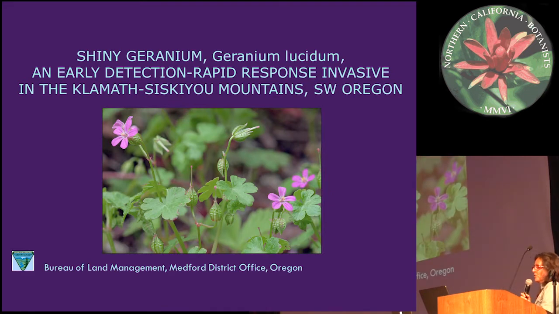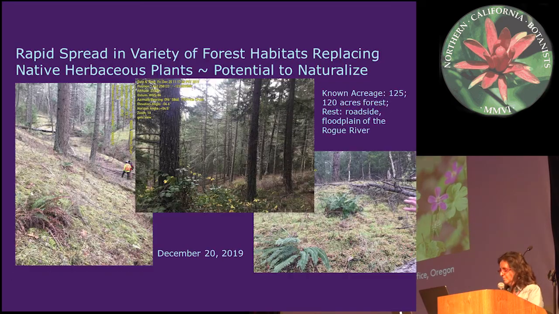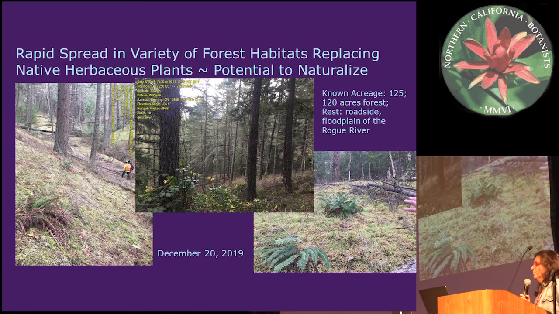Shiny geranium, or Geranium lucidum, is an early detection, rapid response, annual, aggressive invader, new to the Klamath-Siskiyou Mountains in southwestern Oregon. It moves directly into forest habitats, spreads rapidly, replacing native herbaceous plants, annual and perennial forbs, and grasses.